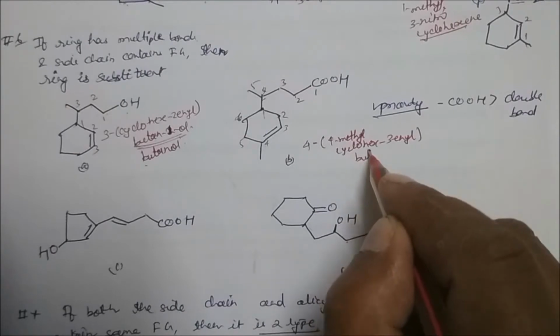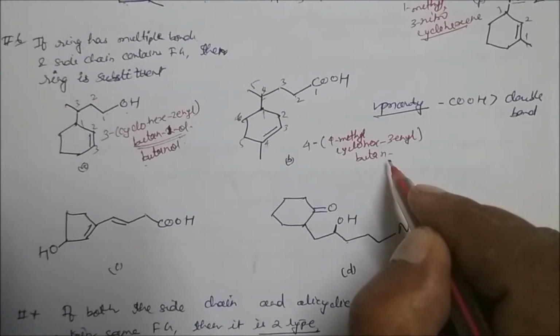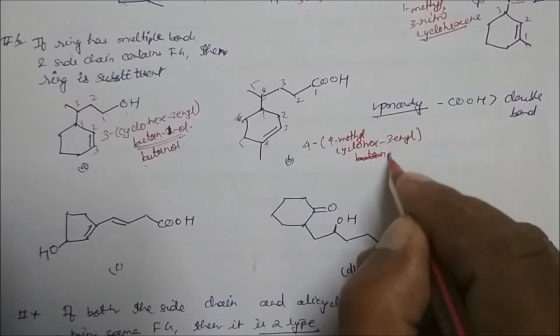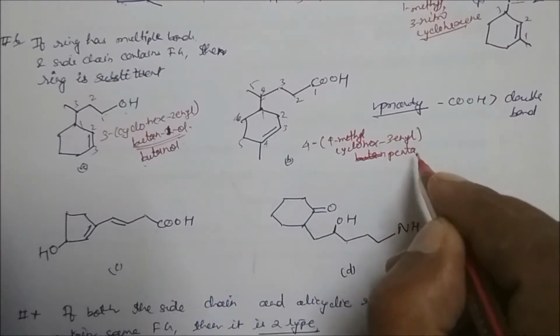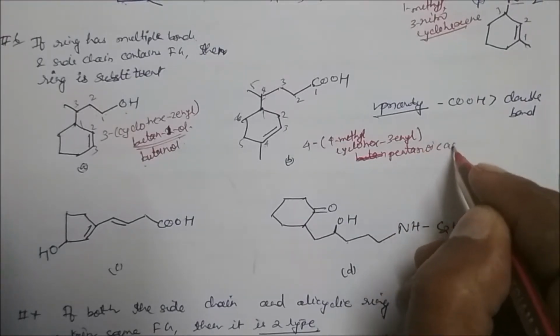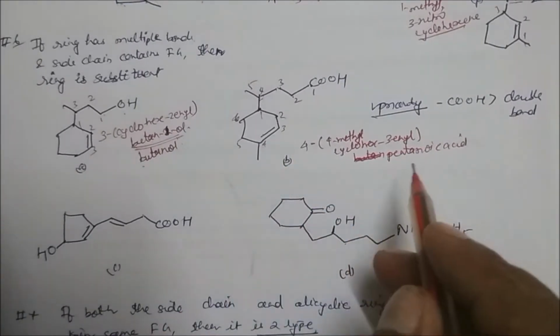Then it is not butane; counting 1, 2, 3, 4, 5, it is a pentane. So it is called pentanoic acid, right? So B structures are pentanoic acids.